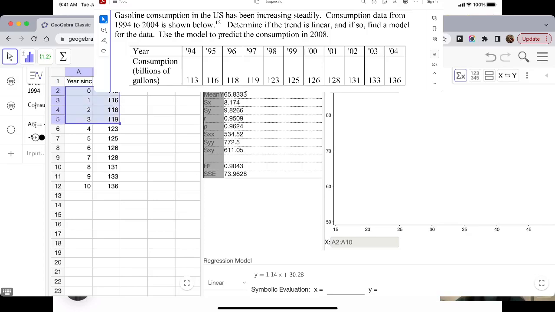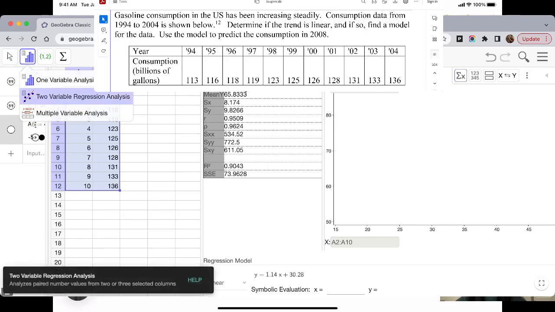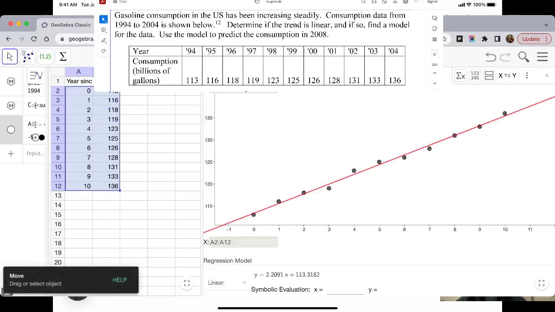Okay, so now let's see if you still remember how to do it. You highlight all the data that you have, and what would you do? You click on the upper left, the second icon, and then choose two variable regression analysis, and then it will show you a graph. And this time it even gives you a line.